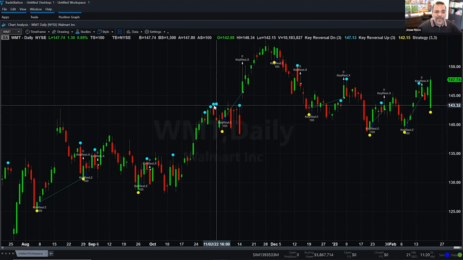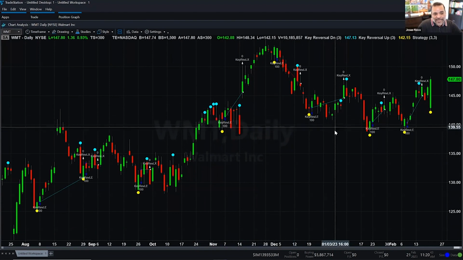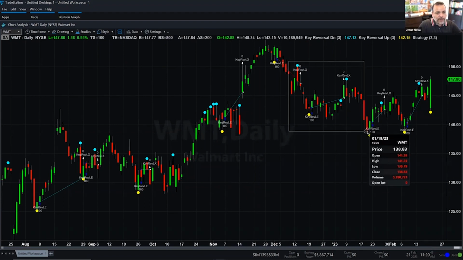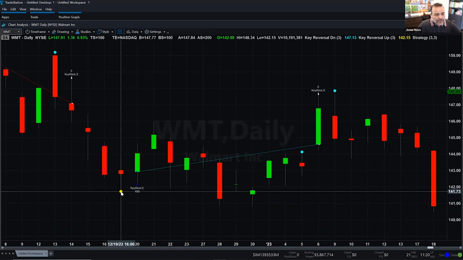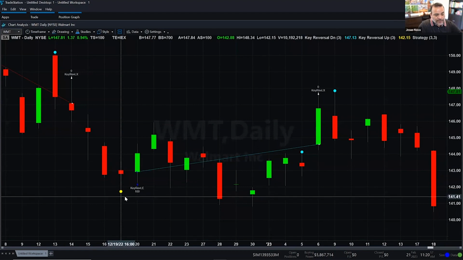The only reason why the key reversals down are being used is in the form of an exit. So for example, right here, let me zoom in this area so we can see this a little bit closer. Okay, here we go. So right here, we have a key reversal up. The pattern is found.